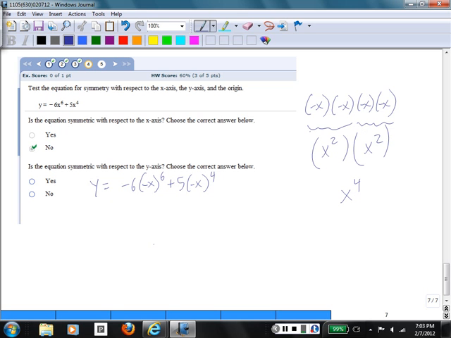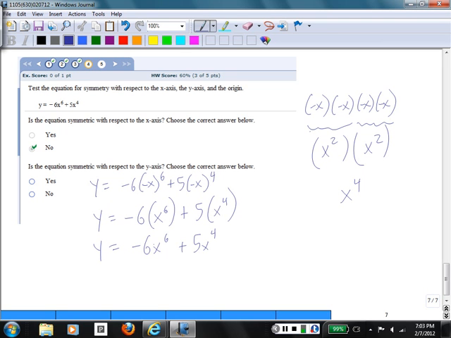If it's an even number of negative signs, or a negative sign raised to an even power, we should get a positive sign. So y equals negative 6 times x to the 6th power plus 5 times x to the 4th power. Really don't need the parentheses, but put them there for emphasis. Is this equation identical to the original? It is.